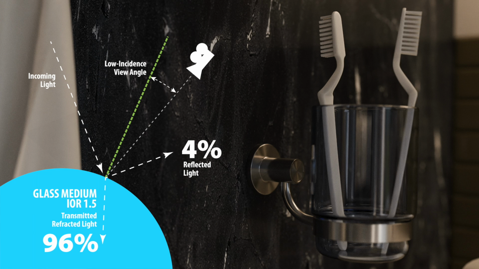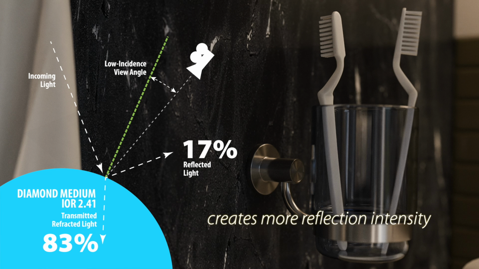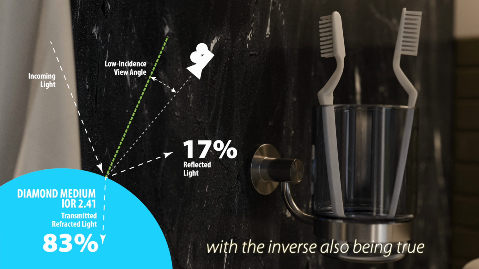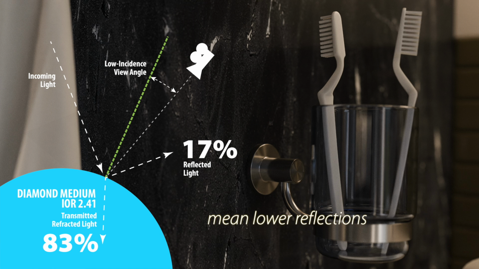For the diamond example, at the same low glancing angle, its index of refraction of 2.41 causes 83% of light to refract and 17% to reflect. So an increasing index of refraction creates more reflection intensity, with the inverse also being true. Lower IOR values mean lower reflections.